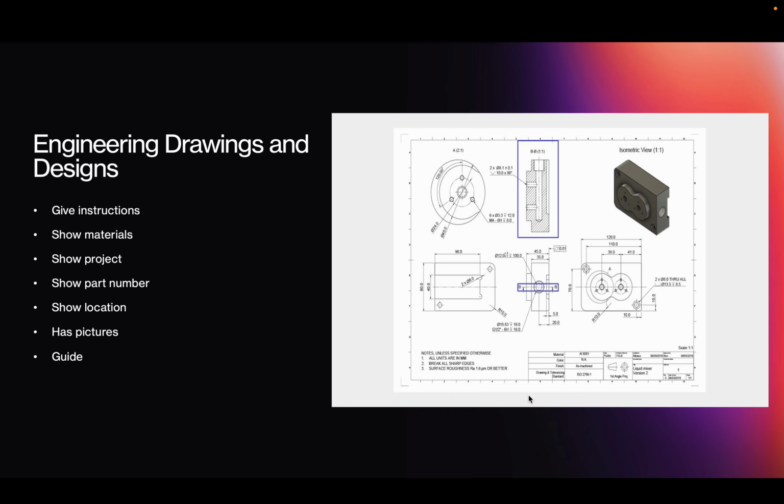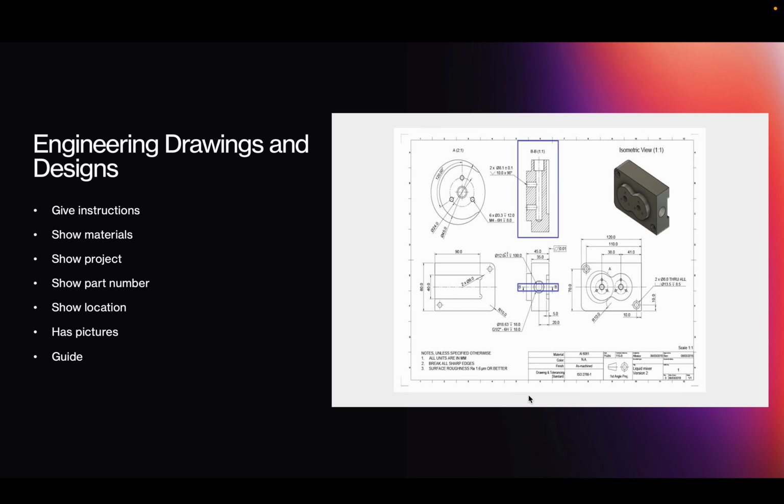Engineering drawings and designs. Drawing is very important for an engineer because we have to make them as clear and easy to understand as possible, right? Because the paper isn't going to talk to you. The paper isn't going to tell you how to make the part.